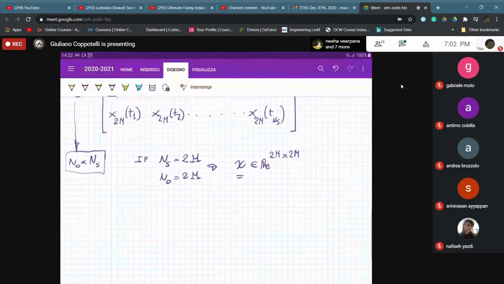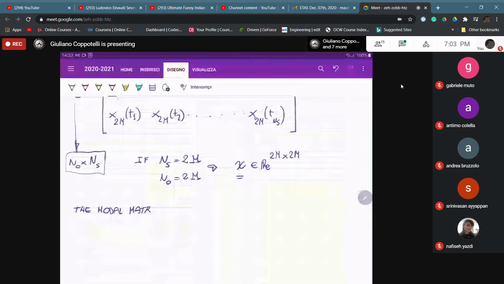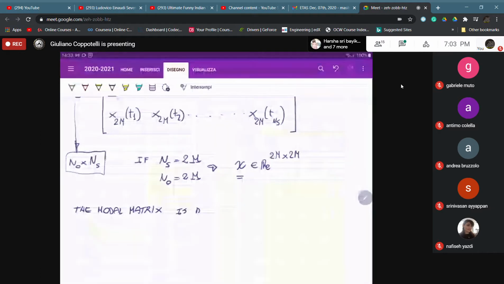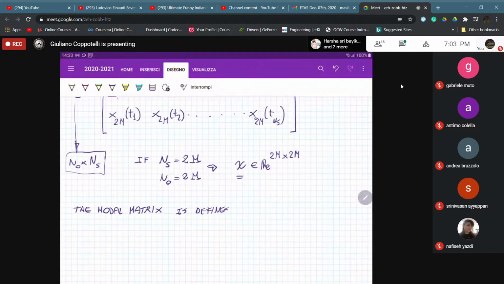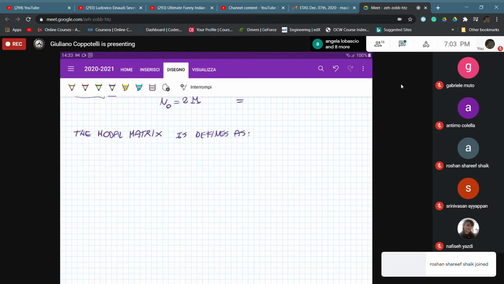If that is true, we can also define what we call the modal matrix. It is defined as your modes, all in columns, as always we are considering them.